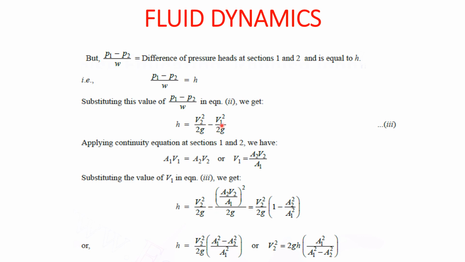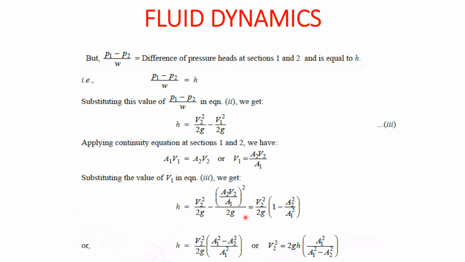Substituting this value of V1 in the third equation of H, we get H equal to V2 square by 2G minus, now instead of V1, we put A2 V2 by A1. So V1 square will be A2 V2 divided by A1 whole square, divided by 2G.